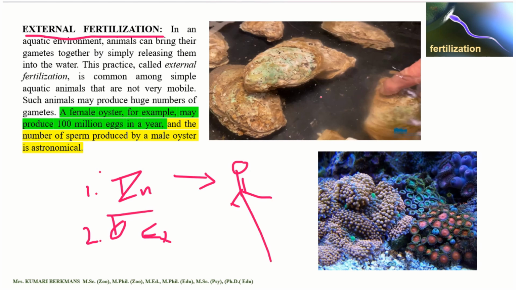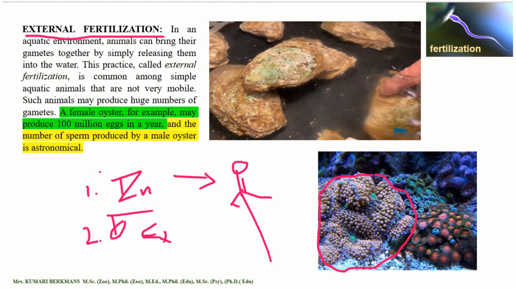Numerous sperms are produced. What you are seeing here are the eggs of the oyster, given in magnified form.